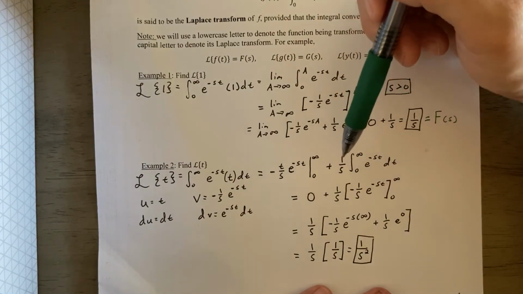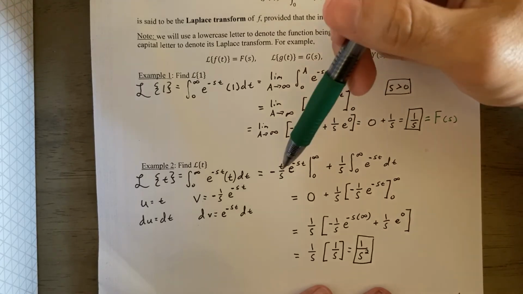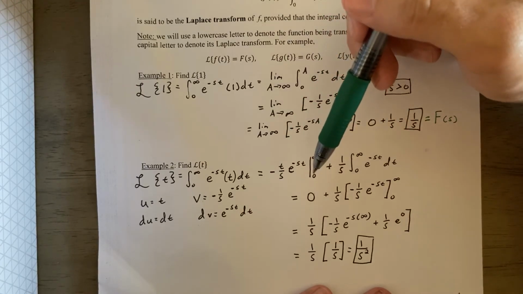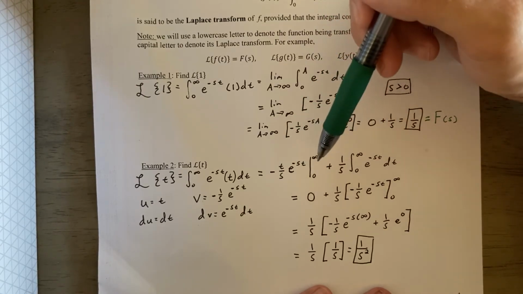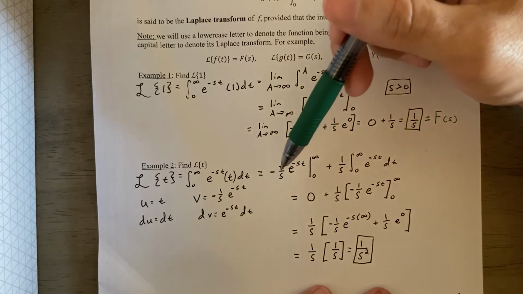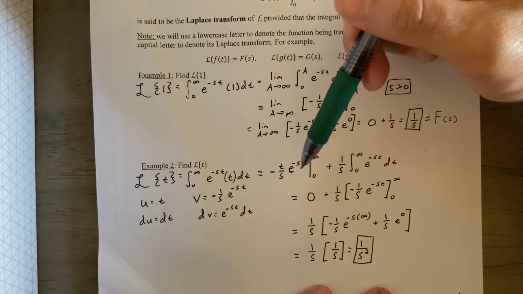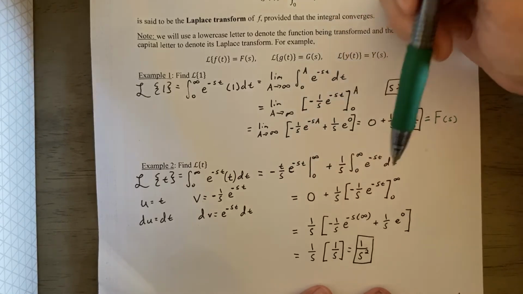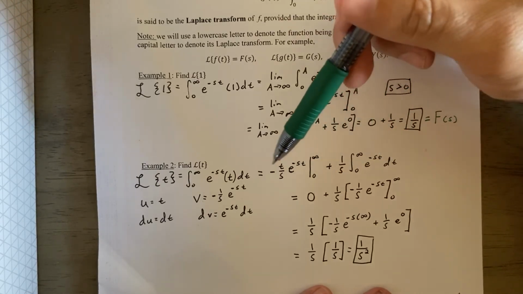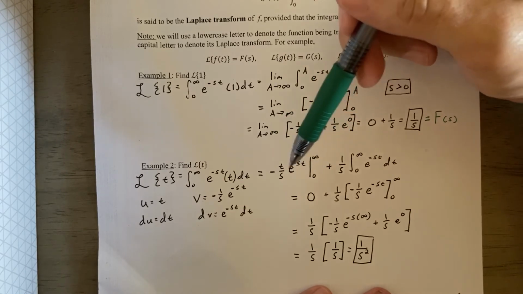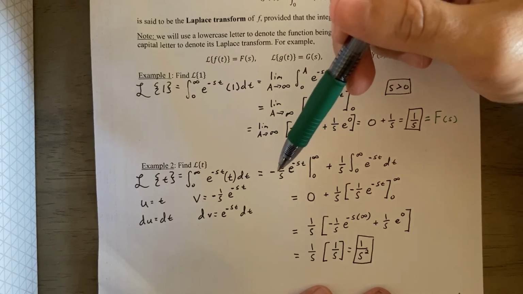Now, as I work on integrating this, I notice that if I take the integral from 0 to infinity, if I plug in infinity for my t's, this is going to become 0. So that's why I get 0 there. And then when I plug in 0, that t is 0, so 0. So 0 plus 0 is 0.